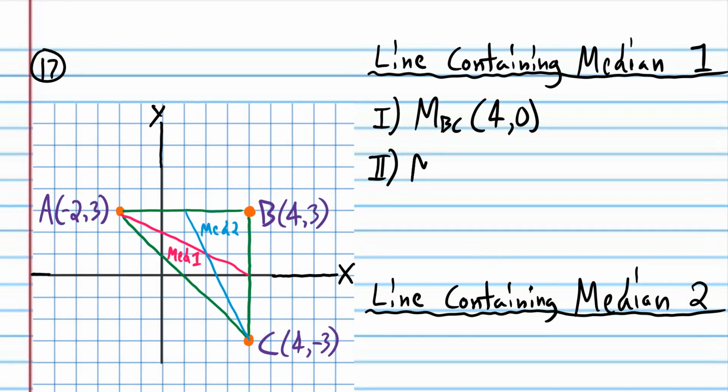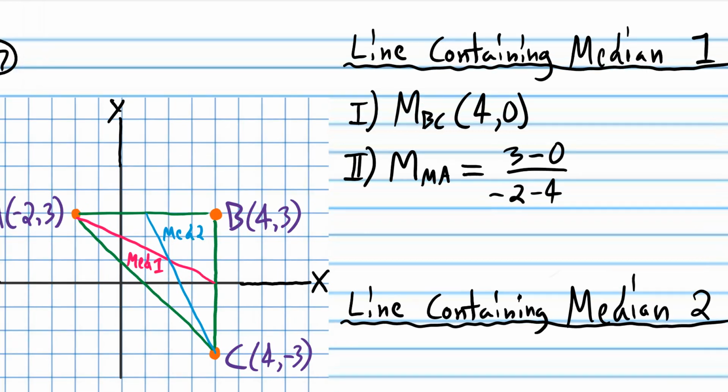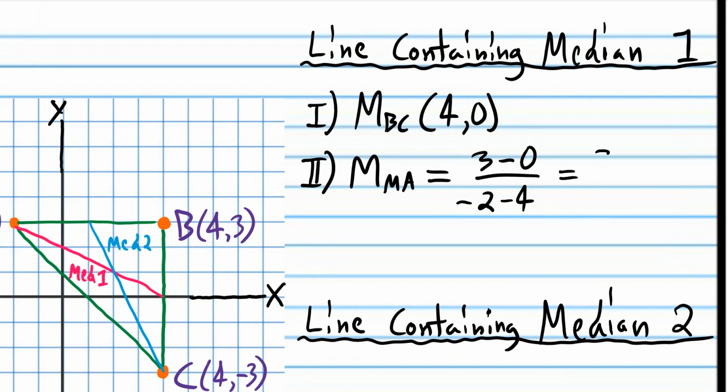Now we just have to find the slope of the line containing the midpoint we just found and A. Using A as 0.2, we have 3 minus 0 over negative 2 minus 4. And that simplifies to 3 over negative 6, which is negative 1/2.